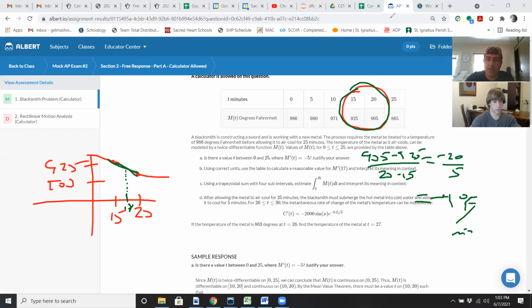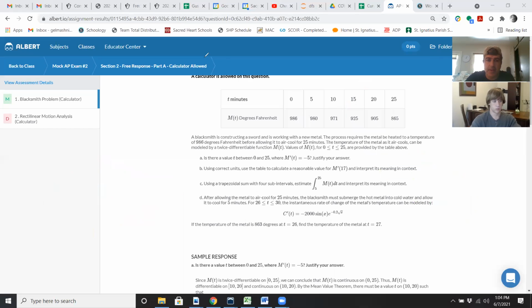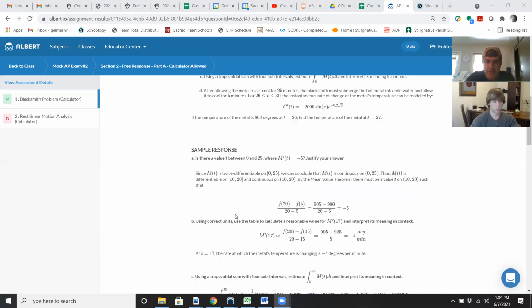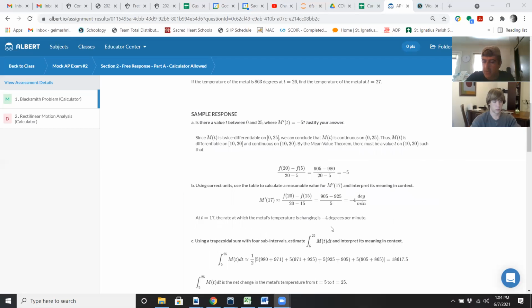You could say it like that as well. You can look at their explanation. So you basically have to tell me the quantity, the what, and then the units that go with it. That's what we're looking for.